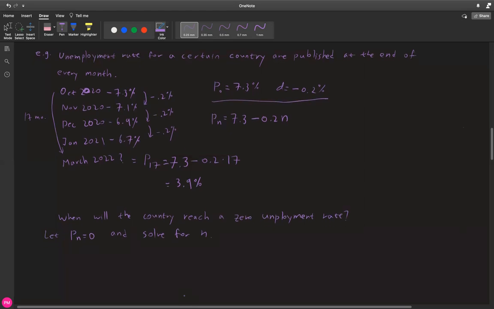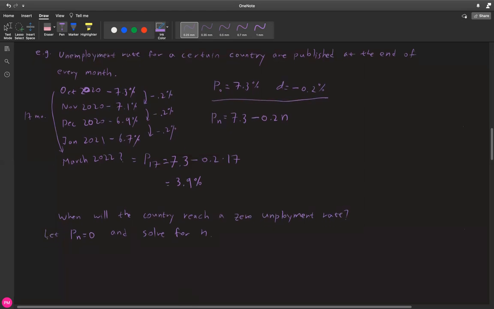In order to do so, I'm going to use the explicit formula we have here. Let's say for some n, P sub n equals 7.3 minus 0.2 n, and for whatever n it is, it becomes 0.